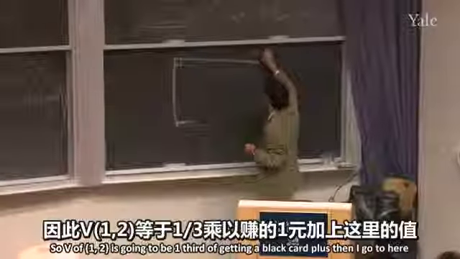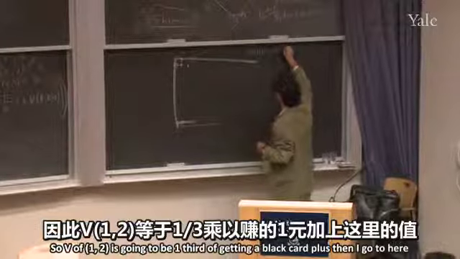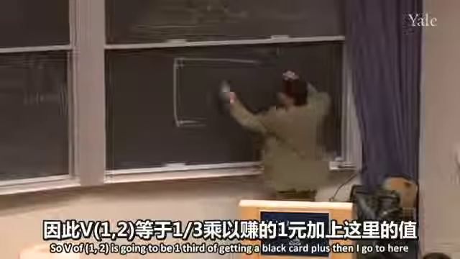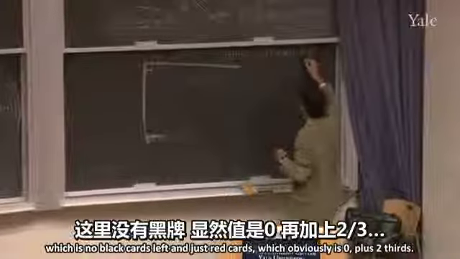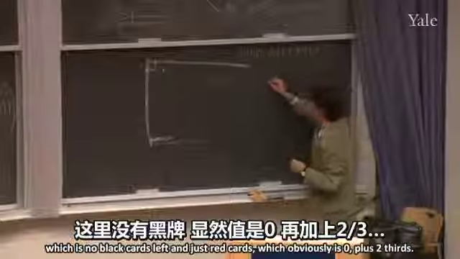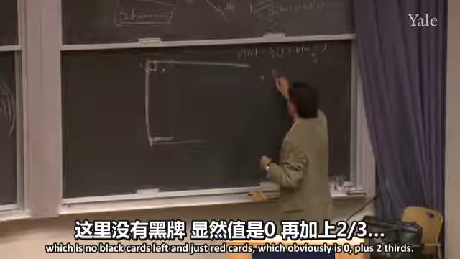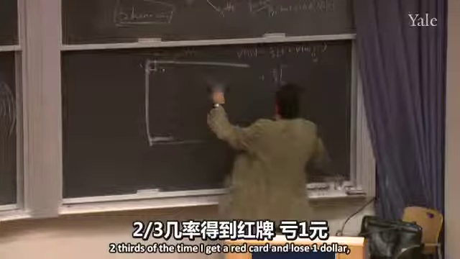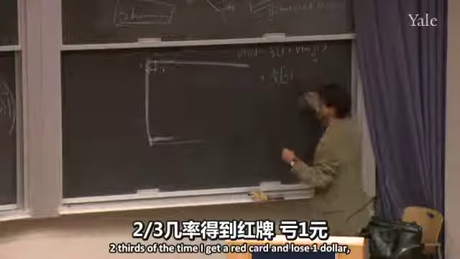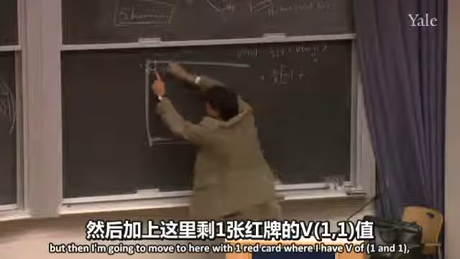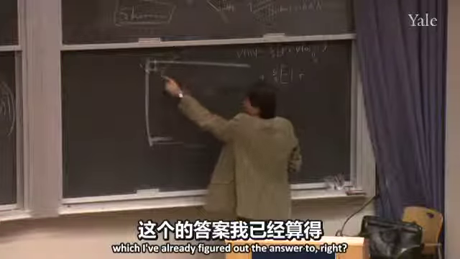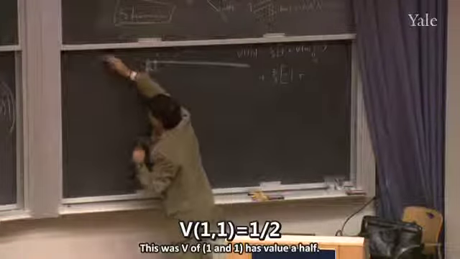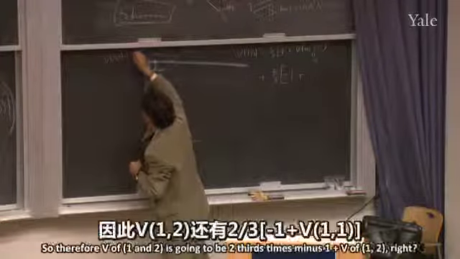So V of 1, 2 is going to be a third of getting a black card, plus then I go to here, which is no black cards left and just red cards, which obviously is 0, plus 2/3. 2/3 of the time I get a red card and lose $1, but then I'm going to move to here with 1 red card where I have V of 1 and 1, which I've already figured out the answer to, right? V of 1 and 1 has value 1/2.